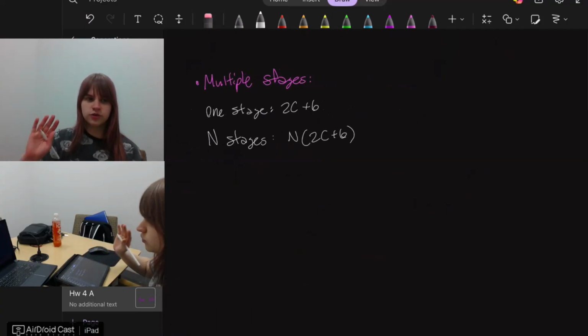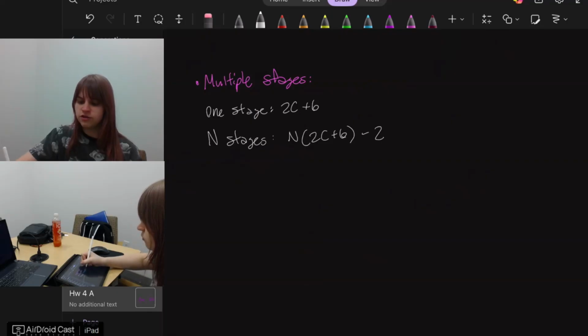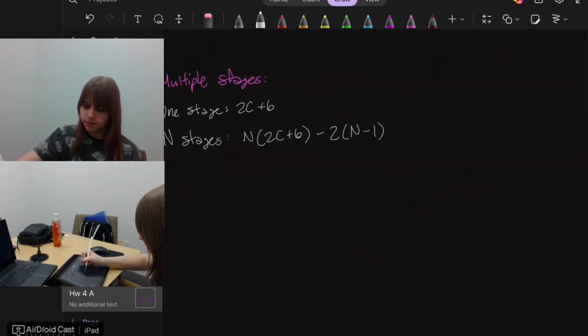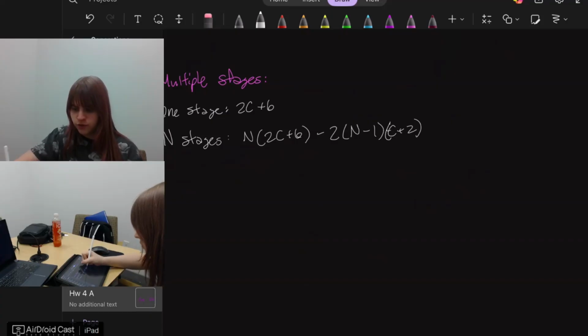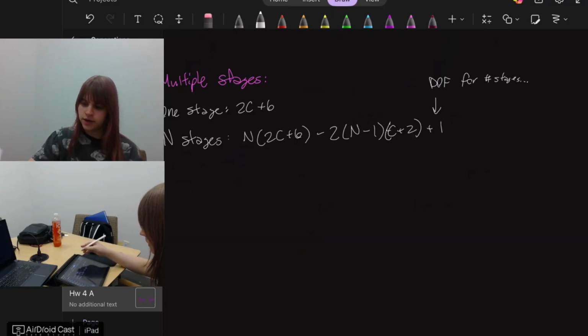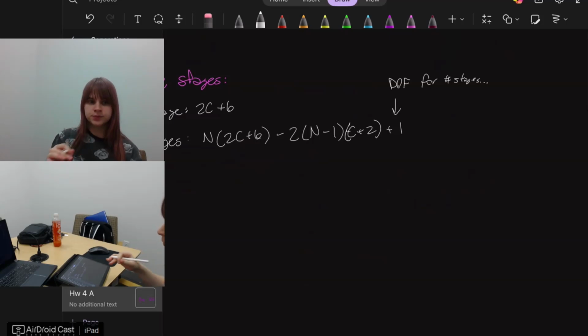However, we need to subtract the duplicate streams. So we're subtracting 2 times n minus 1 times C plus 2. And we need to add 1 because this is the degrees of freedom for any number of stages, that we need to add, just inherently.